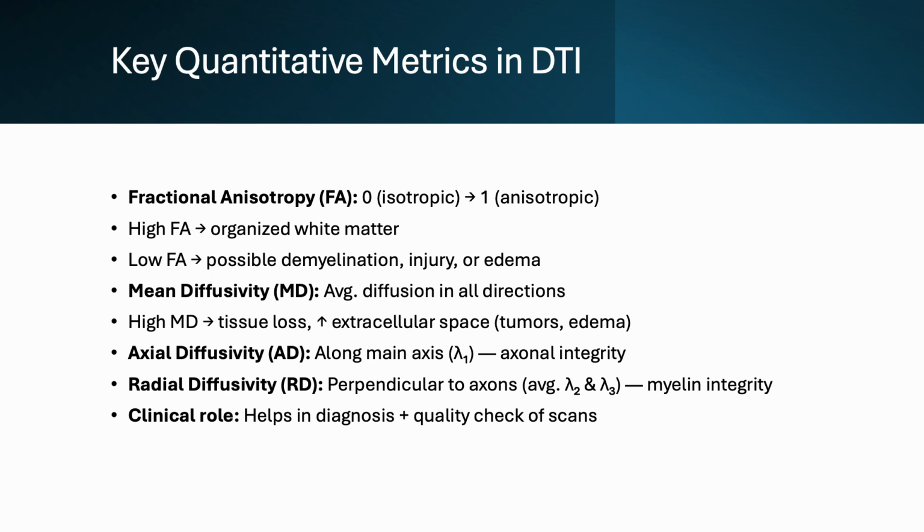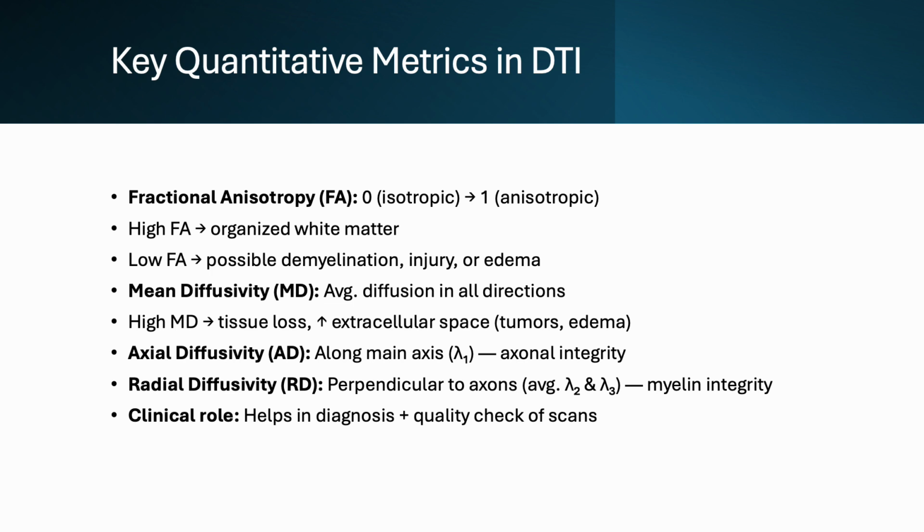So 0 means completely isotropic or equal in all directions, while 1 means completely anisotropic or movement in just one direction. So high FA usually points to well-organized white matter fibers, while low FA might indicate conditions such as demyelination, injury, or edema.